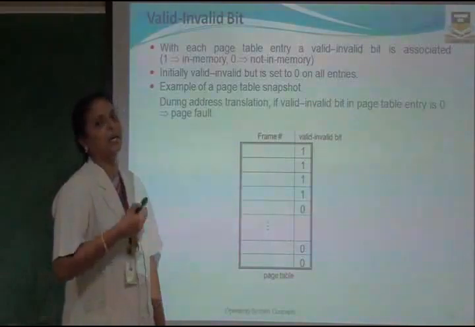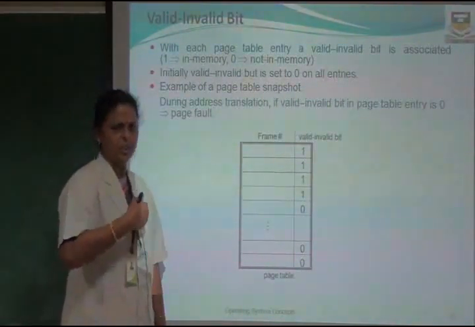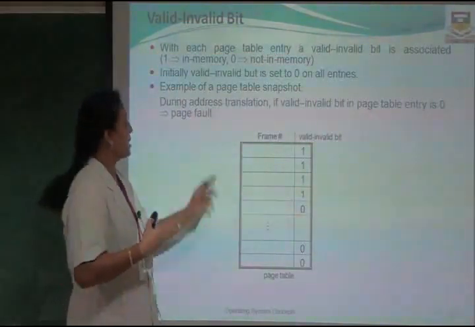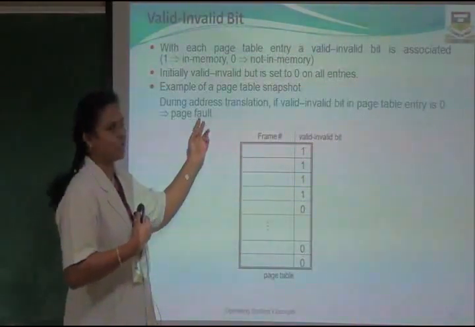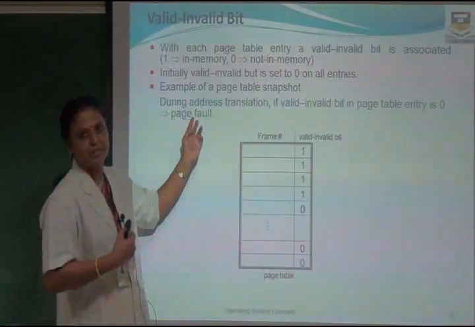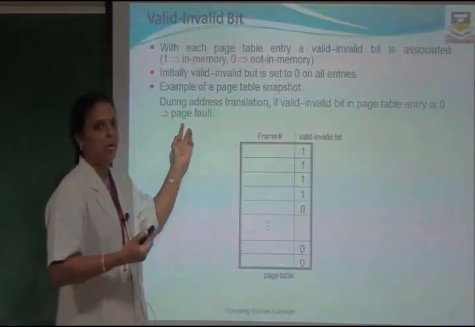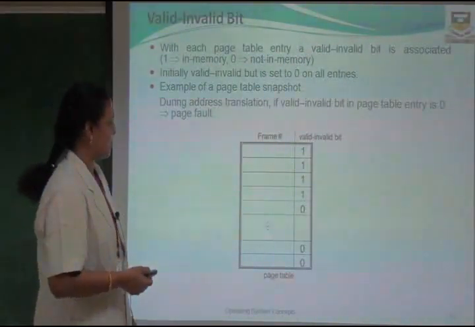If a page is not available in the physical memory, then the program will send a request to the operating system to bring that page into the physical memory, and this is called page fault. If a page is not available in physical memory, then it will raise a page fault, and that page fault can be handled by the operating system.